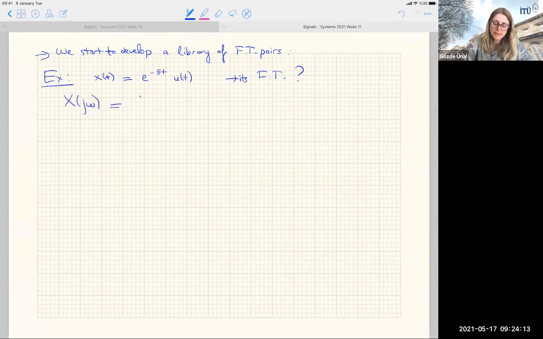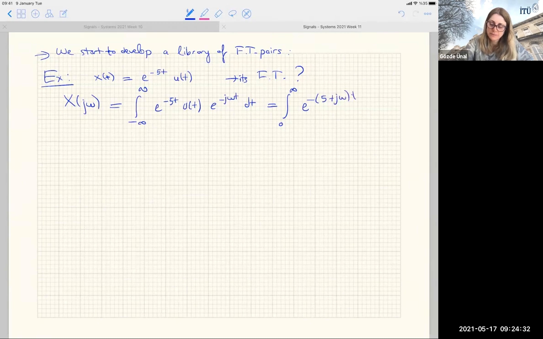You can say, hey, I can calculate this: the integral of u of t e to the minus j omega t dt. So you will just write this as the integral from 0 to infinity of e to the minus (5 plus j omega) t dt. Then do the math here. I'll just write the result. It's going to be 1 over 5 plus j omega.